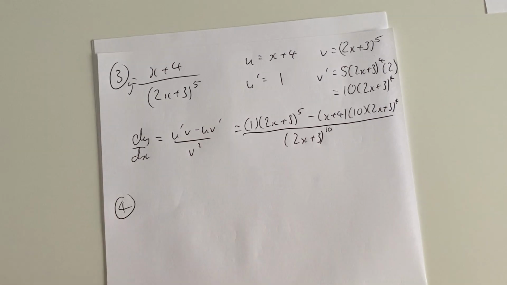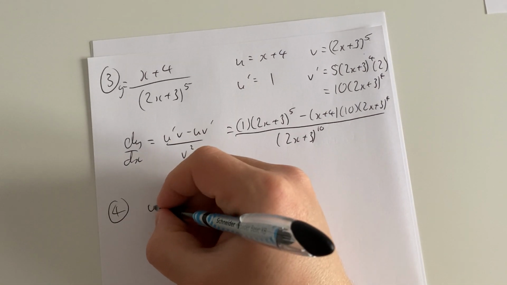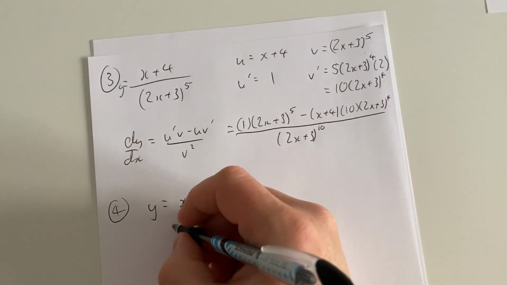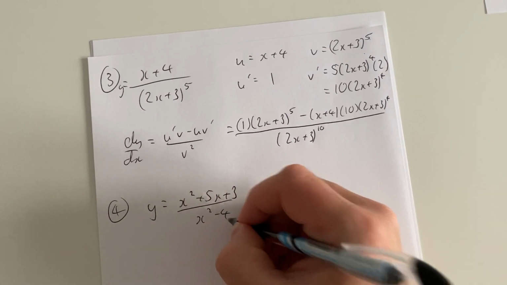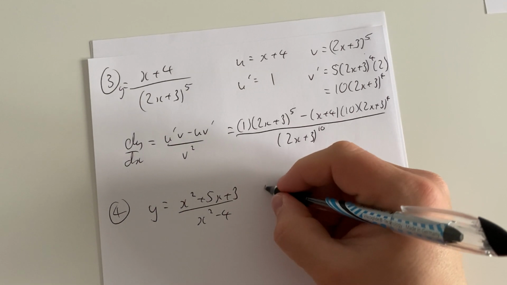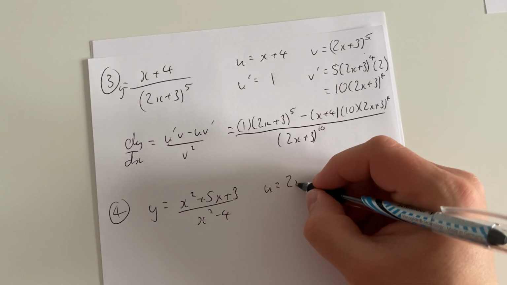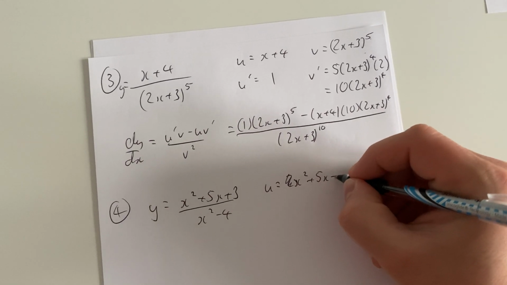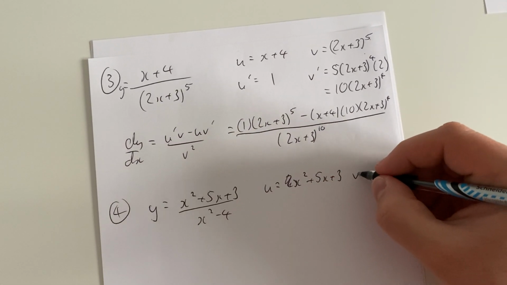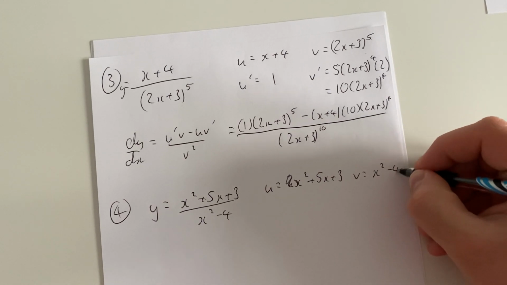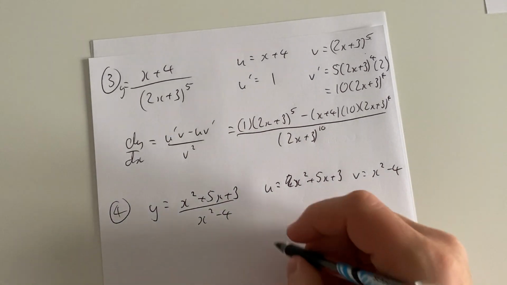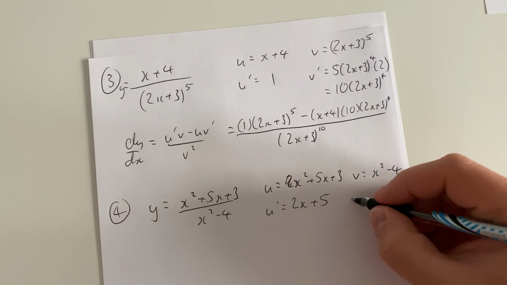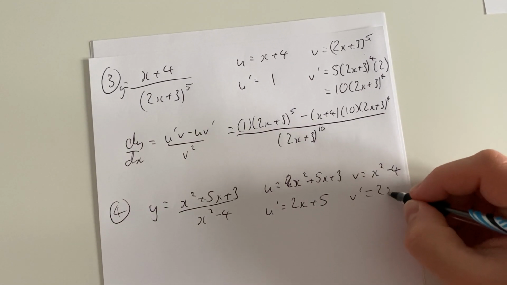Right, and question 4. y equals x squared add 5x add 3 over x squared minus 4. u would be, I'm already differentiating, u would be x squared add 5x add 3. v would be x squared minus 4. u dash would get you 2x add 5. And v dash would get you 2x.